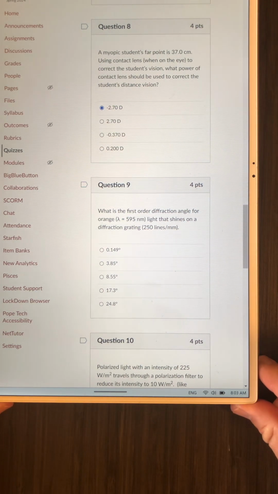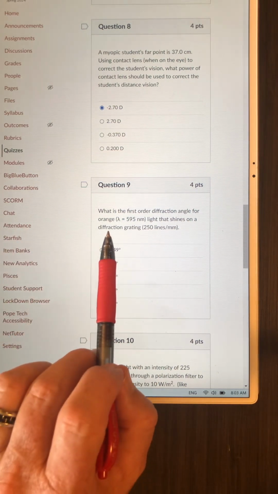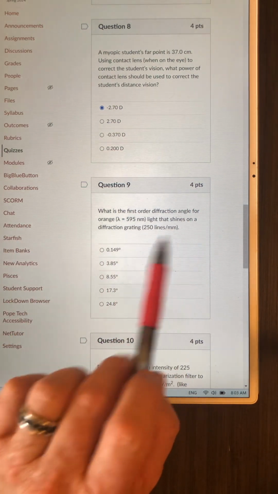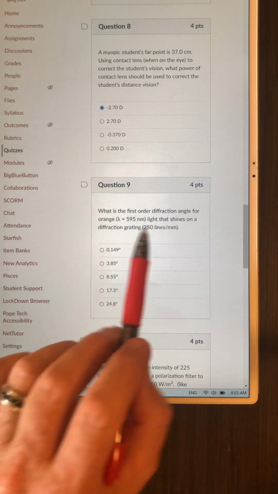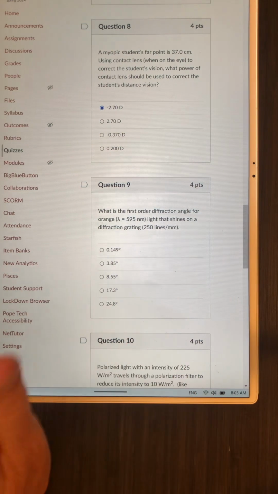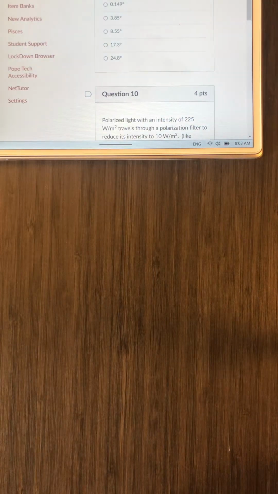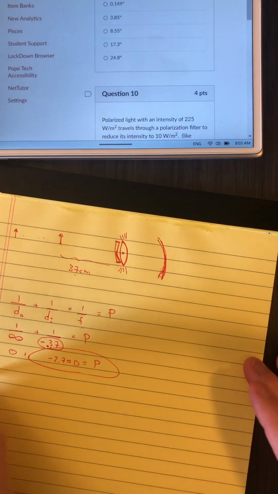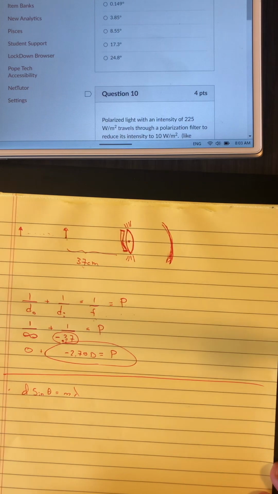All right, so more on our optics. This is our last chapter on optics. I think this is 22. It says, what is the first order diffraction for orange? And it gives us the wavelength. That must be shone on a diffraction grating, and it gives us the number of lines per millimeter, and it gives us some different angles. All right, so number 9 here. Let me write d sine theta equals m lambda.